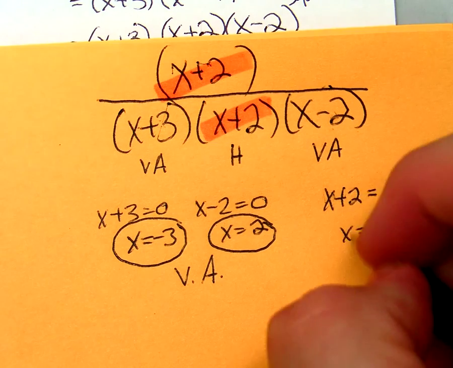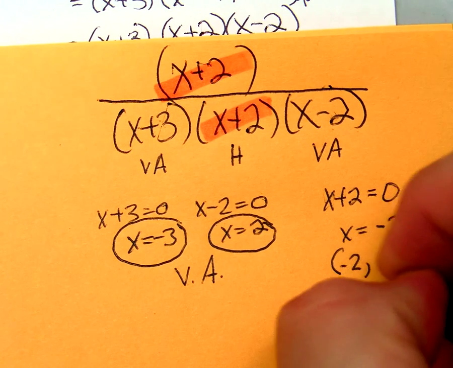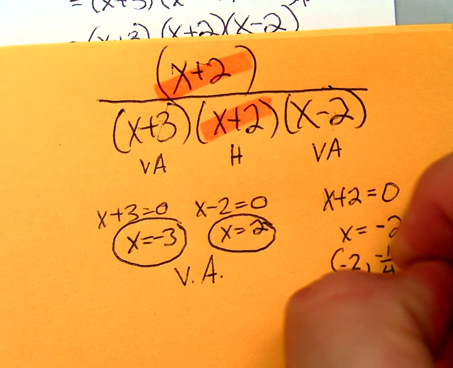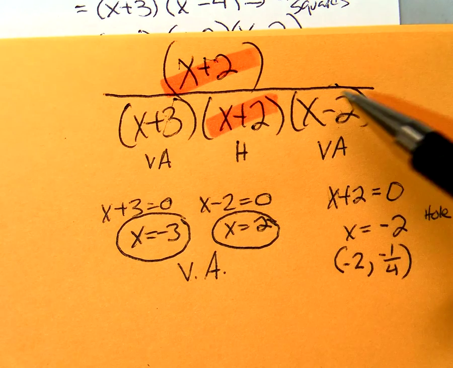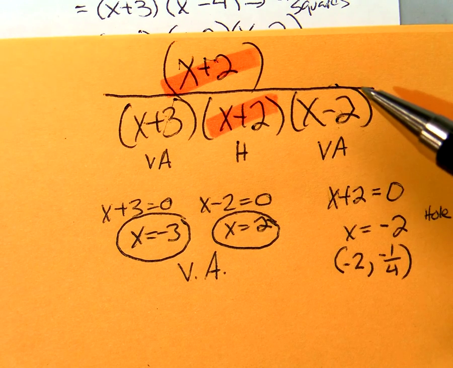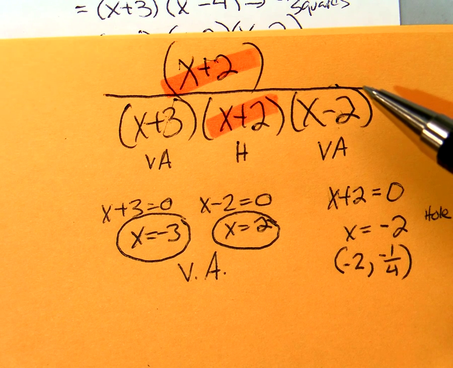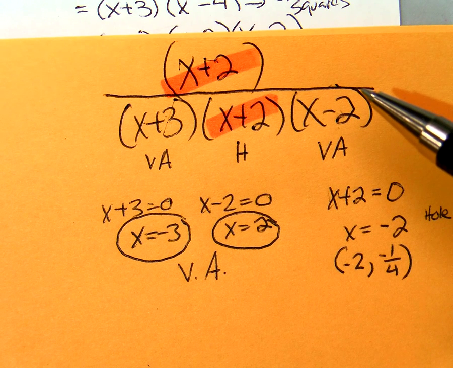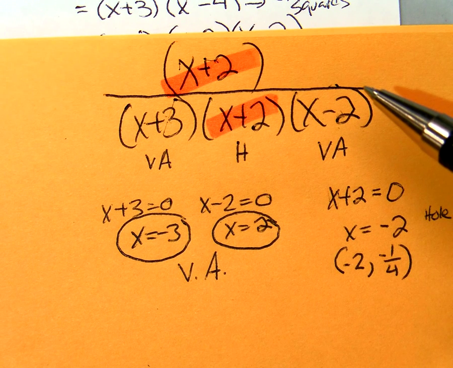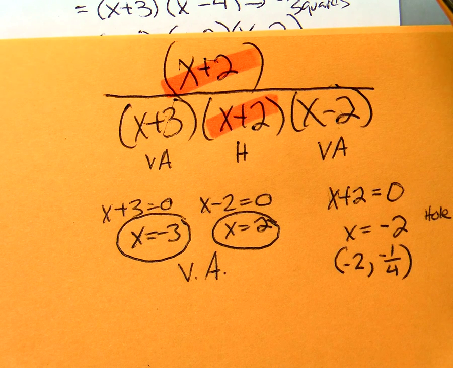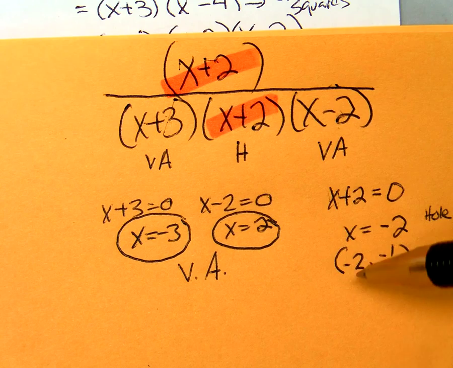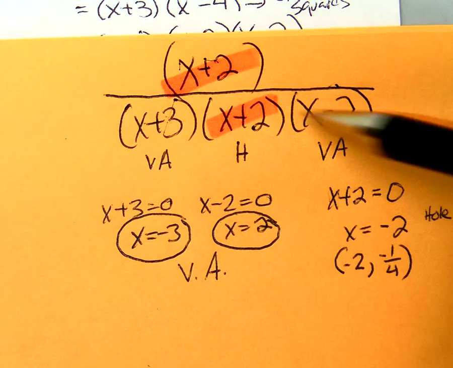Do you have to plug it into both of them? Yeah. When you have a hole at negative 2, you plug negative 2 into the remaining factors. Because that part is basically gone.